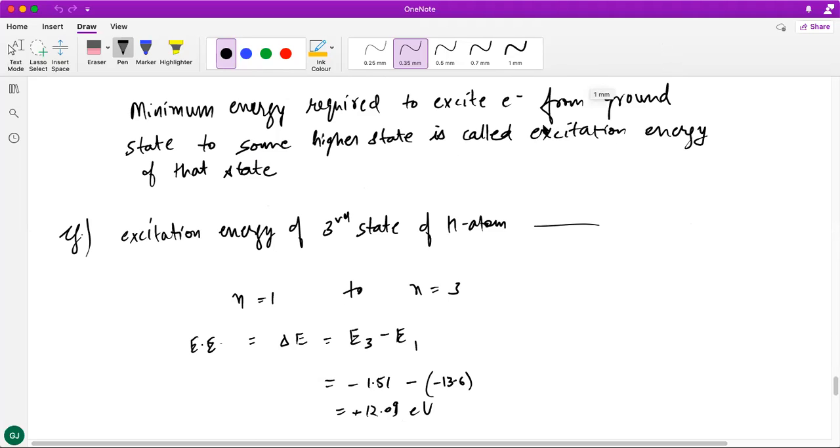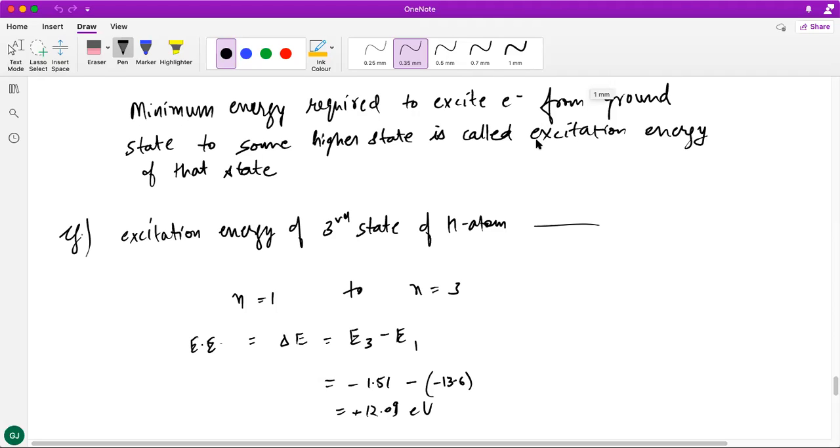Sir, so is it possible that when a photon is applied of, let's say in case of hydrogen atom, 10.2 eV from the ground state to the first excited state, correct, and then if there's a photon which supplies energy of 10.5 eV, will the electron jump from first to second and gain some more kinetic energy, or will it not jump at all? No, it won't jump at all.